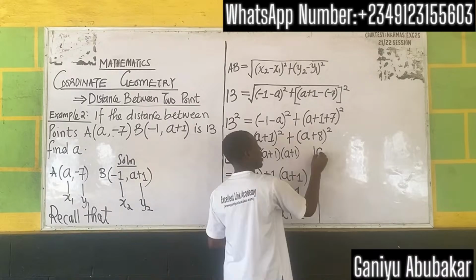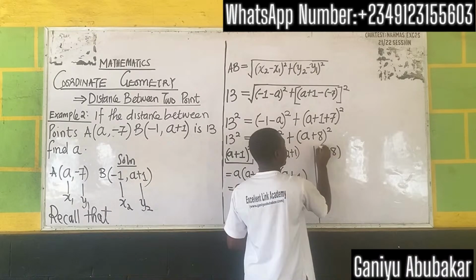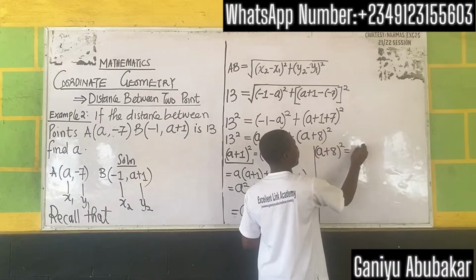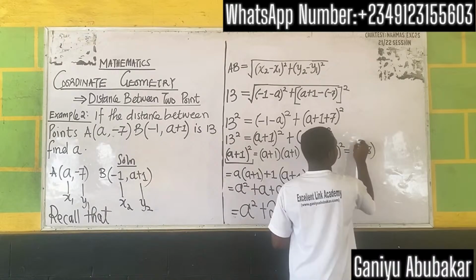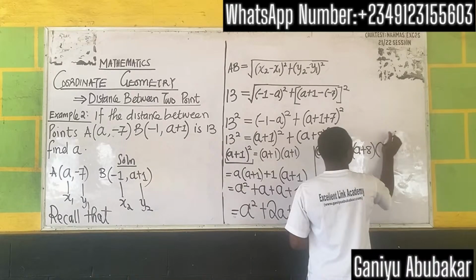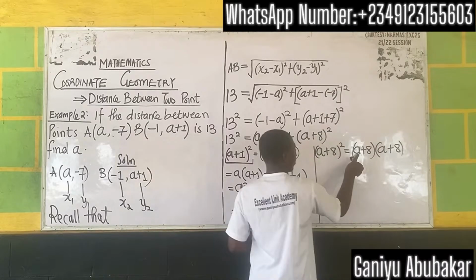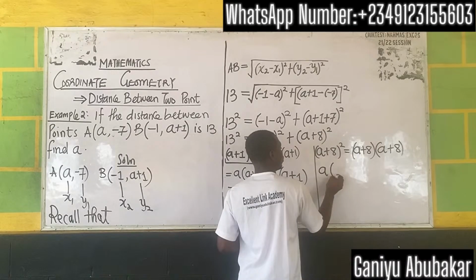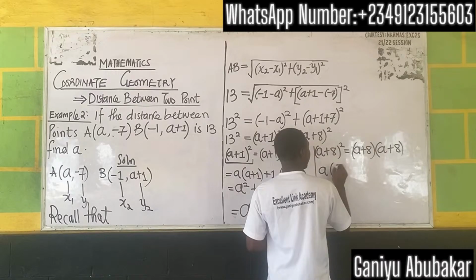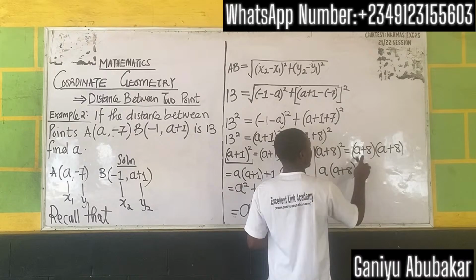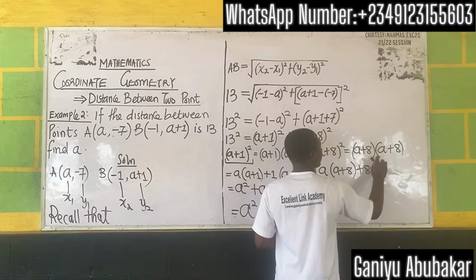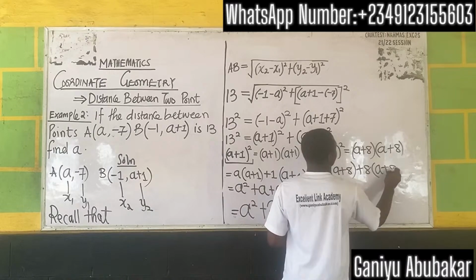If I have a plus 8 all squared, this simply means a plus 8 into a plus 8. Take out the first term, that's a, into everything here is a plus 8. Second term here is plus 8, into everything here, a plus 8.